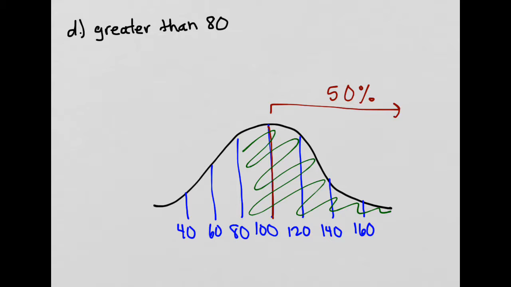We know, using the empirical rule, that between one standard deviation on either side of the mean is 68% of the data. So we need to find half of that to know what this little section right here is. 68 divided by 2 is 34. So that little section is 34% of our data. So all we have to do is add 34 to 50, and we will get 84%.